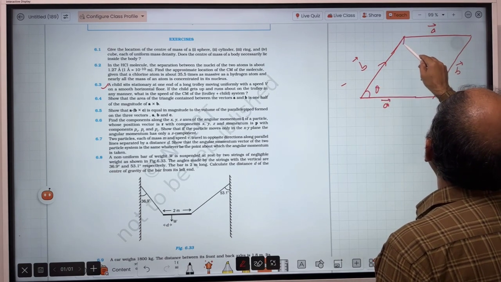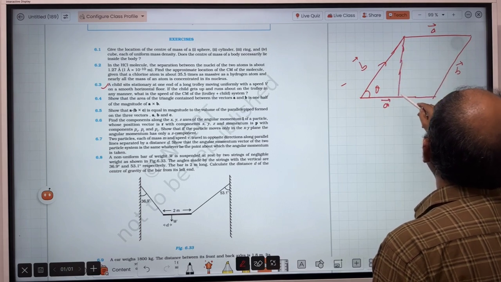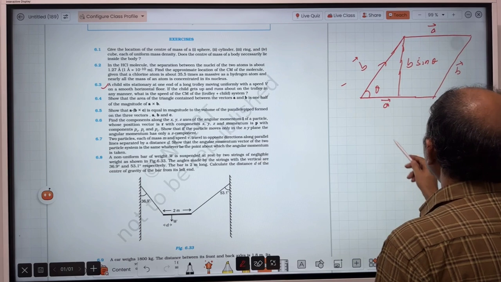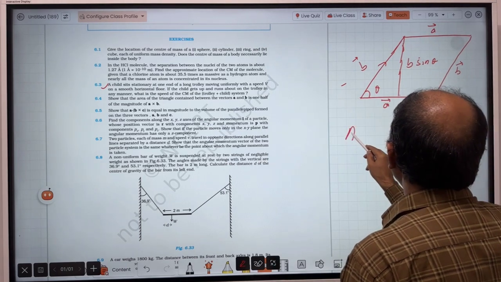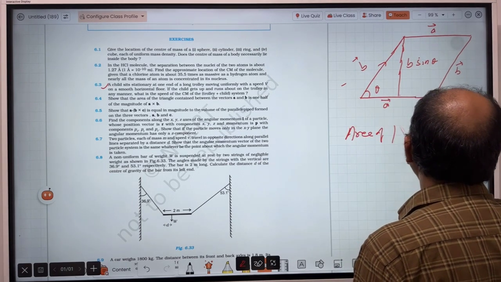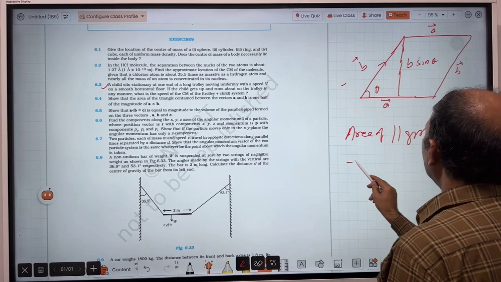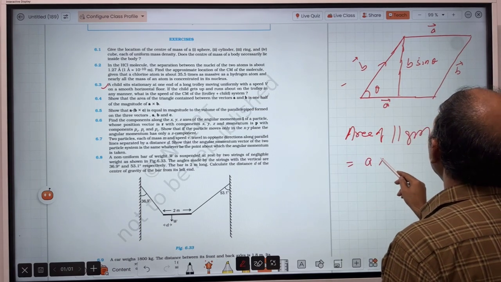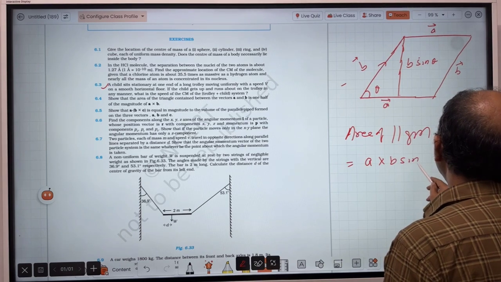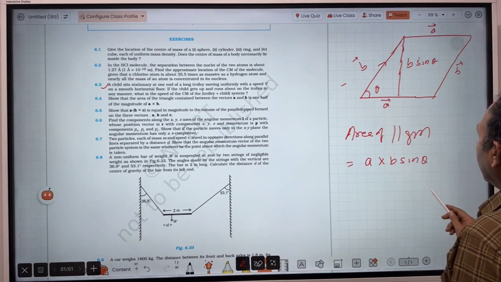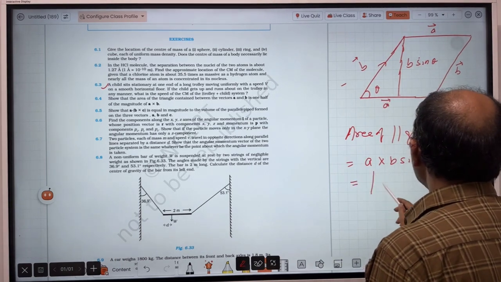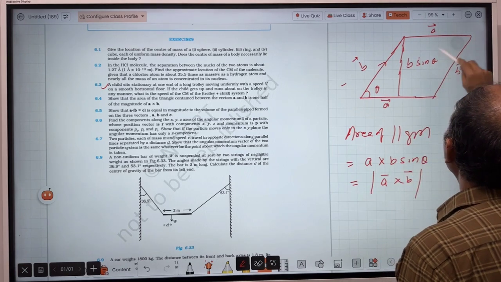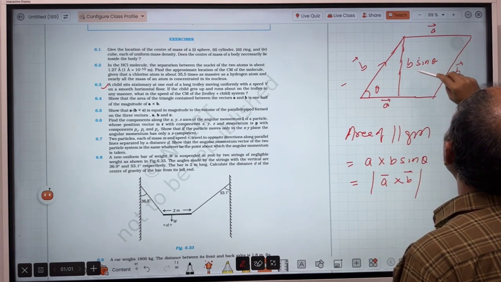So draw perpendicular. This will be B sine theta. Area of parallelogram equals base into perpendicular, A into B sine theta, which is modulus of A cross B. And you know, here it contains two triangles.